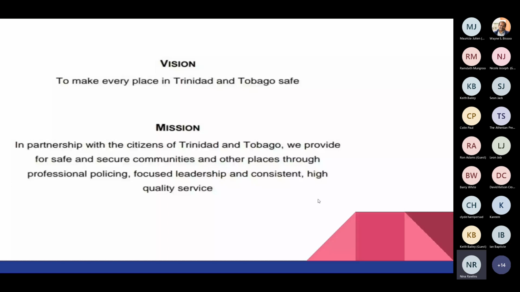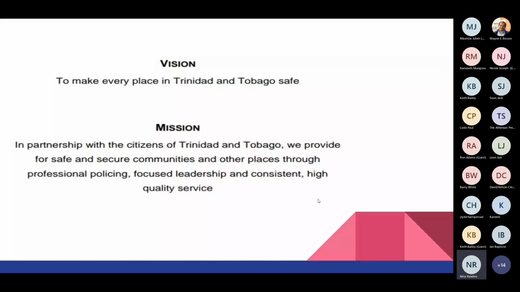We provide safe and secure communities and other places through professional policing, focused leadership, and high quality service. And if you take a mental note of the questions asked in the previous slide, I'm certain many of you could recognize the most important points.